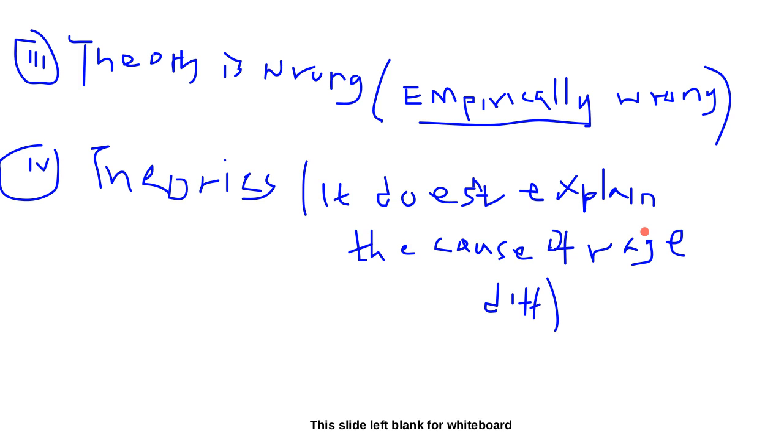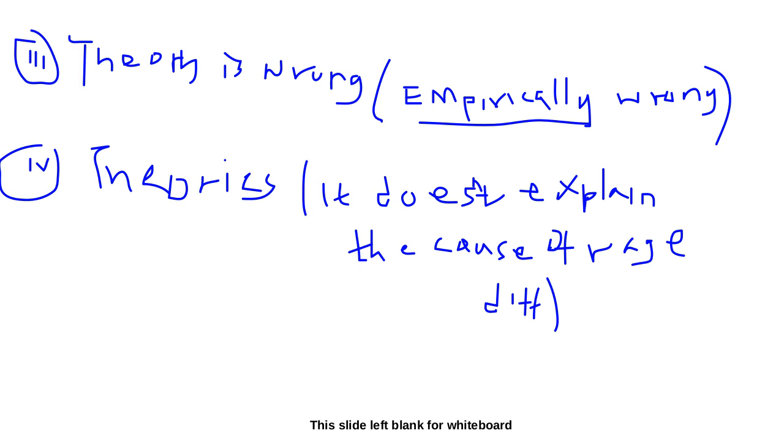All the people engaged on the labor side are going to divide these 400,000 equally. So there is nobody who will be taking too much home or too little home. We are taking an equal amount home. So it is a theory of wage determination, but it doesn't explain the cause of wage differentials. That is a shortcoming of this theory.